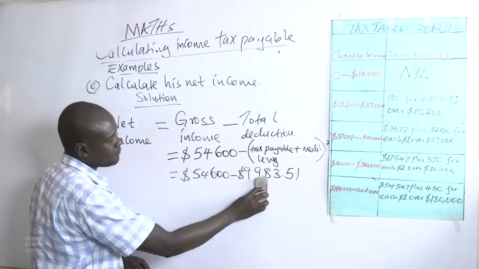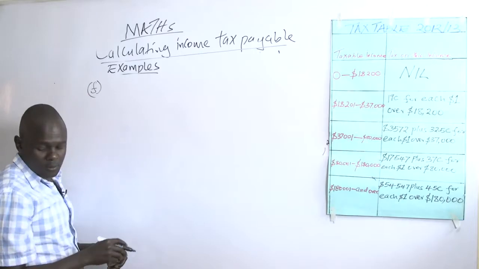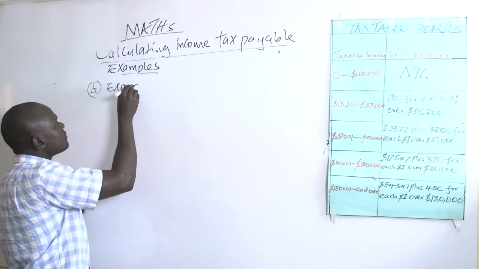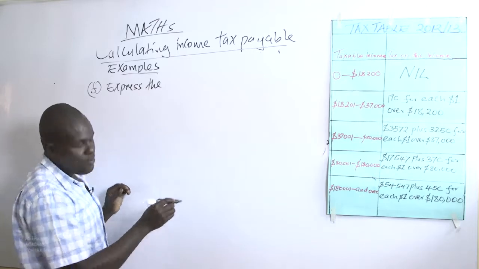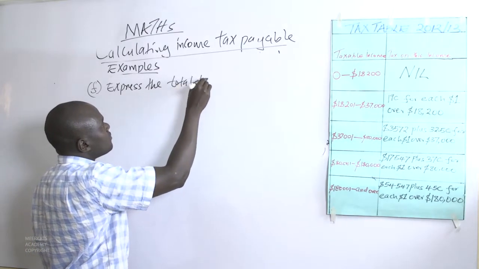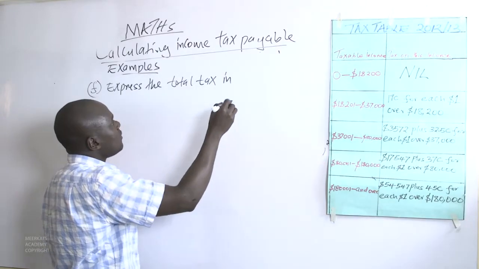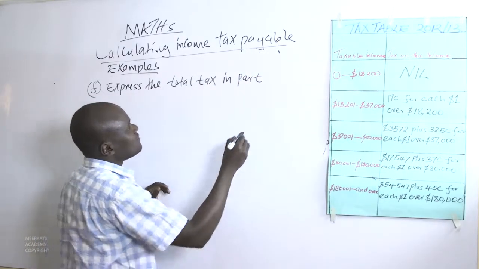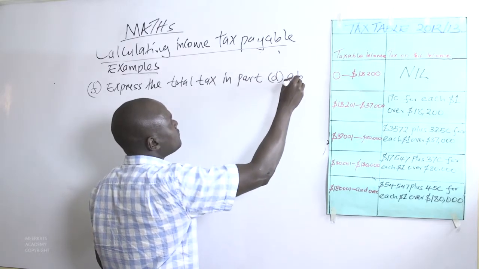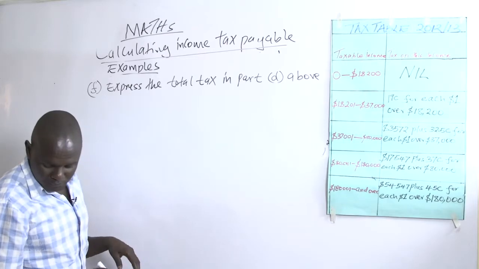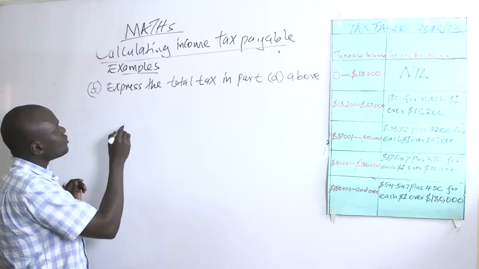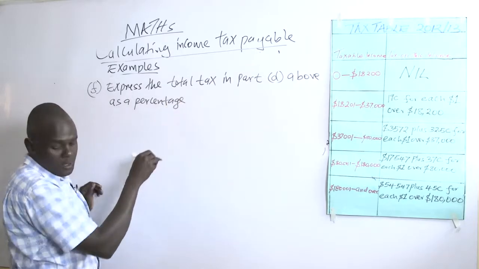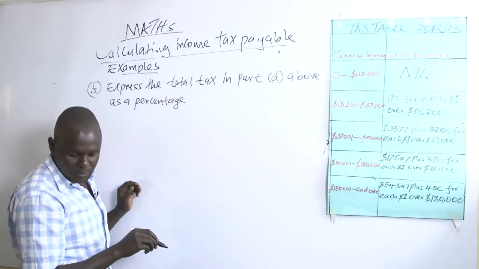Our next question is for us to express the total tax in Part D above as a percentage of Richard's taxable income.